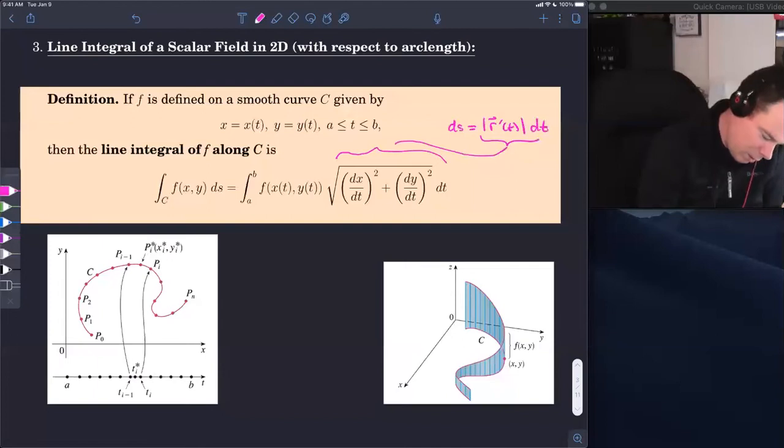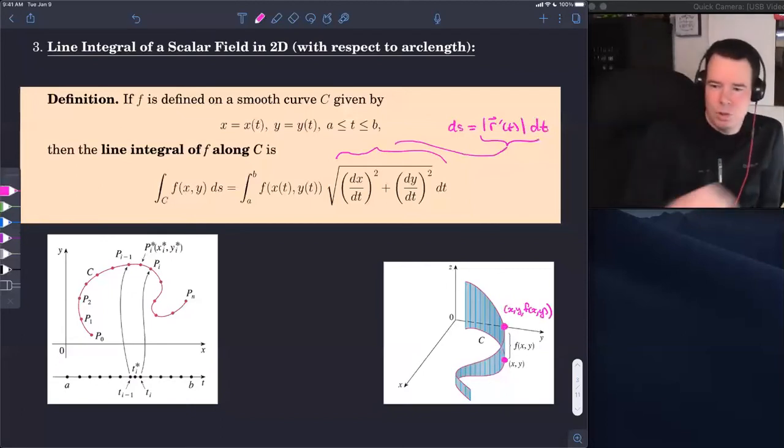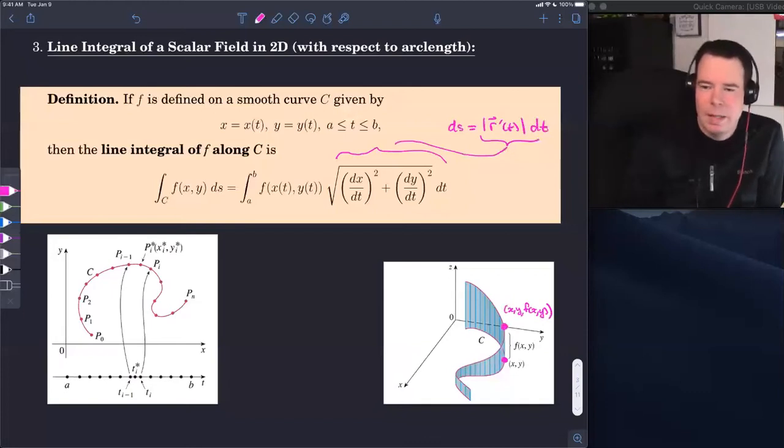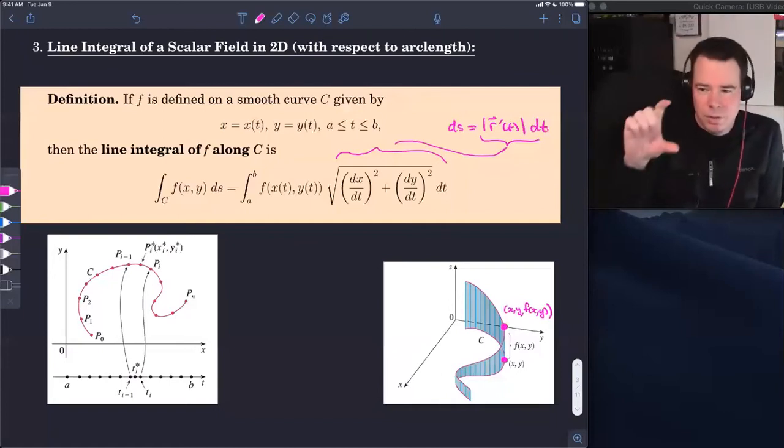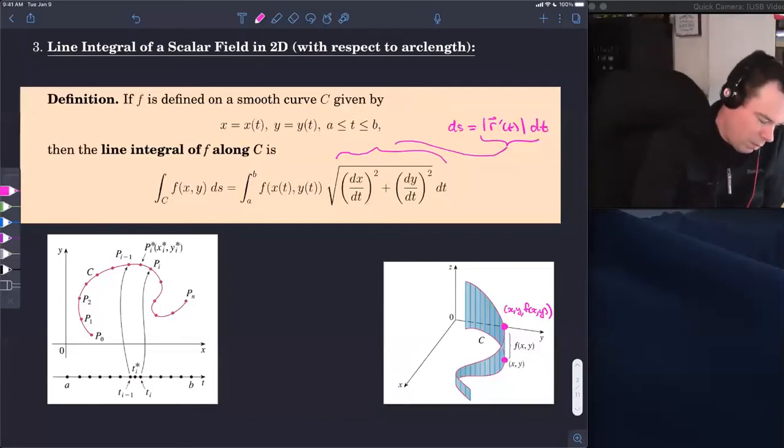If I have a point down here, x, y, then the point directly above it is x, y, and then the scalar f of x, y, which gives us our z value. So we're taking all the points on that curve in the plane and working out their third component, f of x, y, or the z value, and looking at that curve now sitting in space. There's going to be this sort of curtain that's formed between the two. And what this integral represents is the area of this curtain.